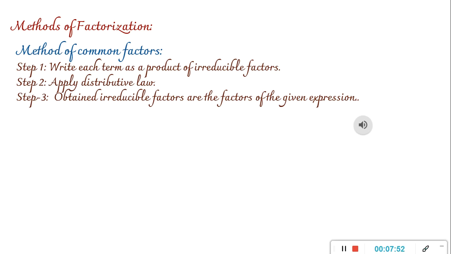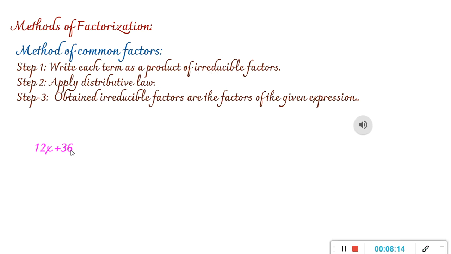Here we have taken a very simple algebraic expression, that is 12x plus 36. So what do we do? Our first step is to write each term as a product of irreducible factors. Irreducible factors means factors which cannot be reduced further.